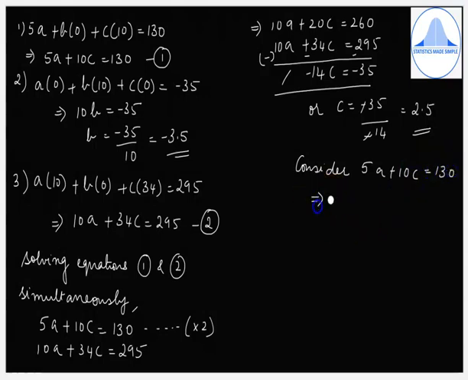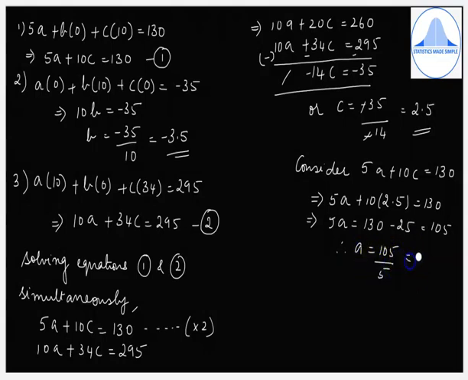So which implies 5a plus 10 into 2.5 is equal to 130, or which implies 5a is equal to 130 minus 25, which is equal to 105. So therefore a is equal to 105 divided by 5, which is equal to 21.